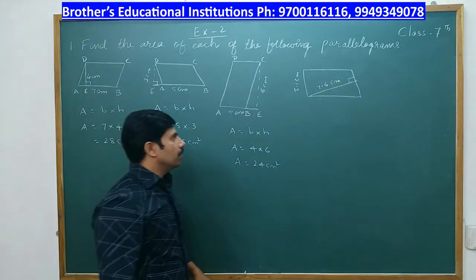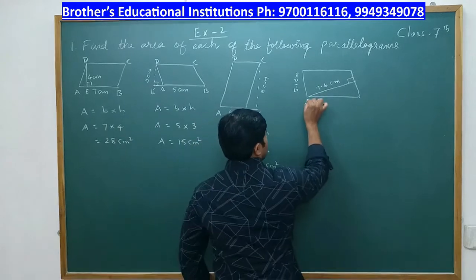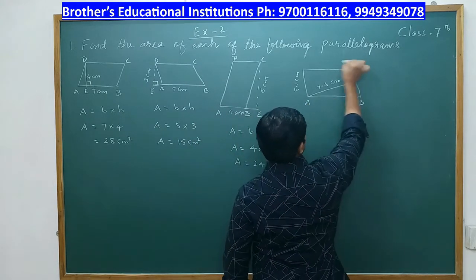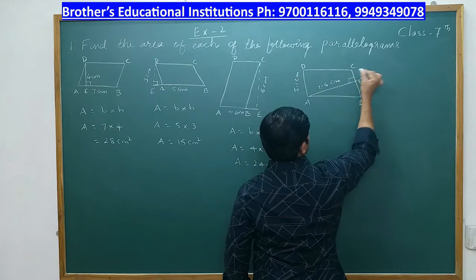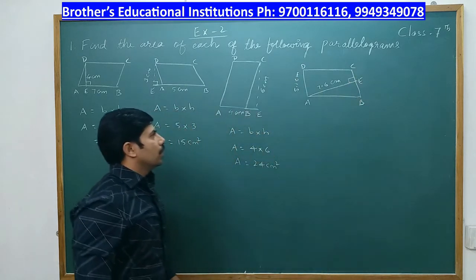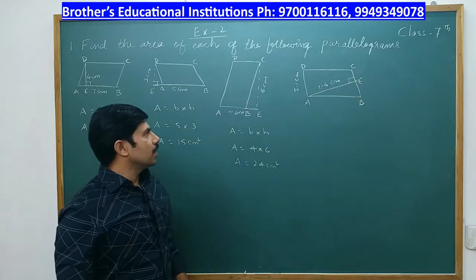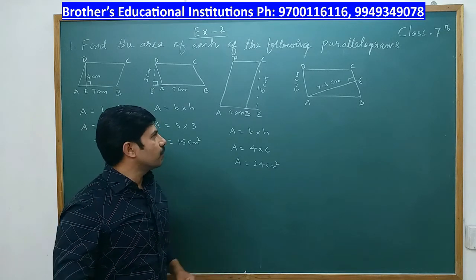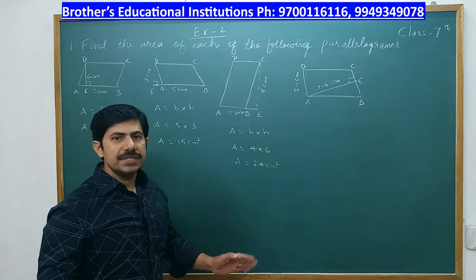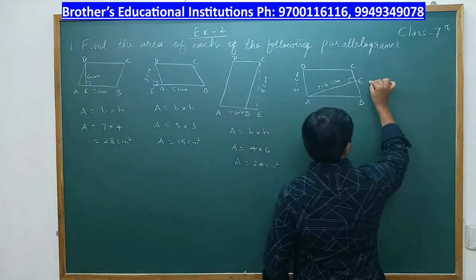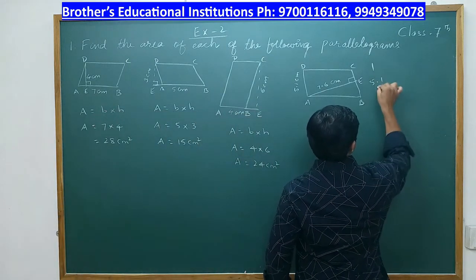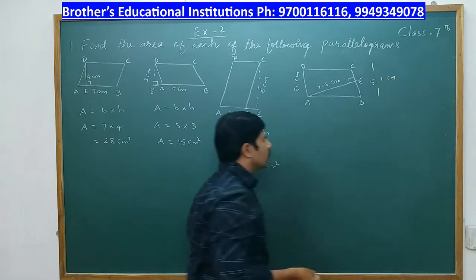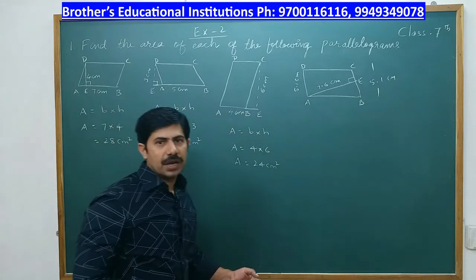Now next problem. See, in the next problem, we assume ABCD as a parallelogram. AE is the altitude. Now see here, if AD is 5.1 centimeters, then BC is also 5.1 centimeters. So what is the length of BC? It is 5.1 centimeters. Why? Because in a parallelogram, opposite sides are equal.